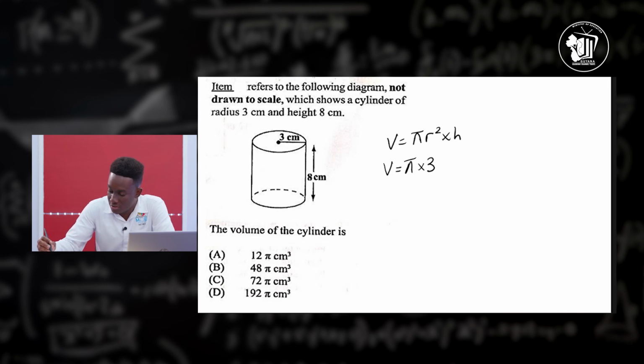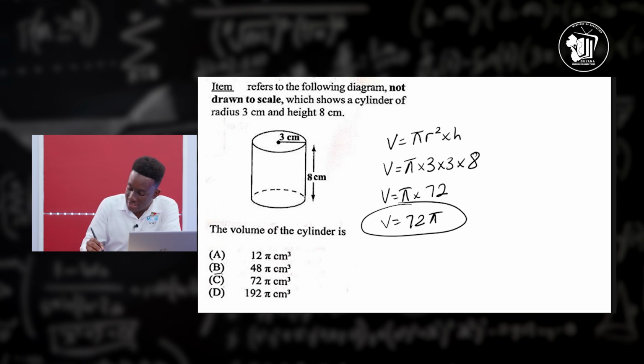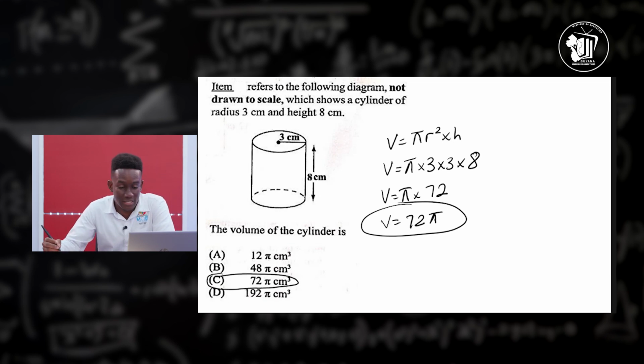So it's 3 squared, which will be 3 times 3, multiplied by the height, which is 8. So the volume will be equal to pi multiplied by 3 times 3 is 9. 9 times 8 would be 72. And 72 times pi would simply be, the volume is 72 pi. So to answer this question, it will be C, 72 pi cm cube.